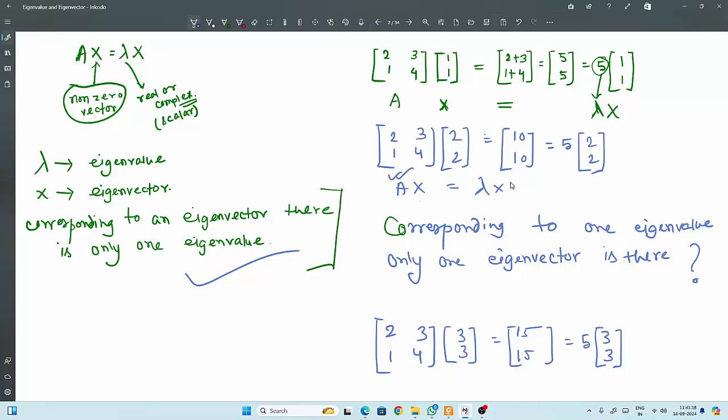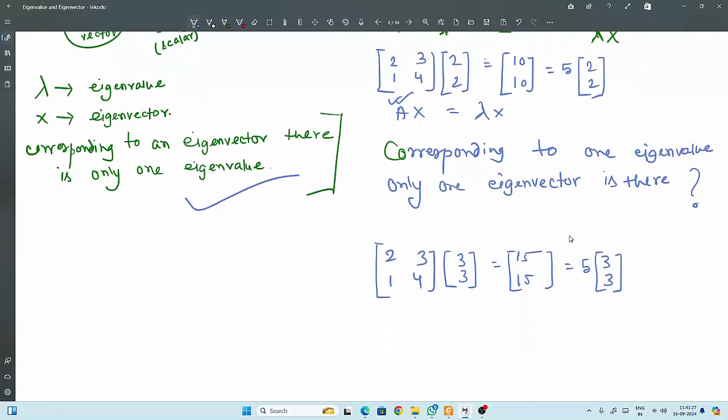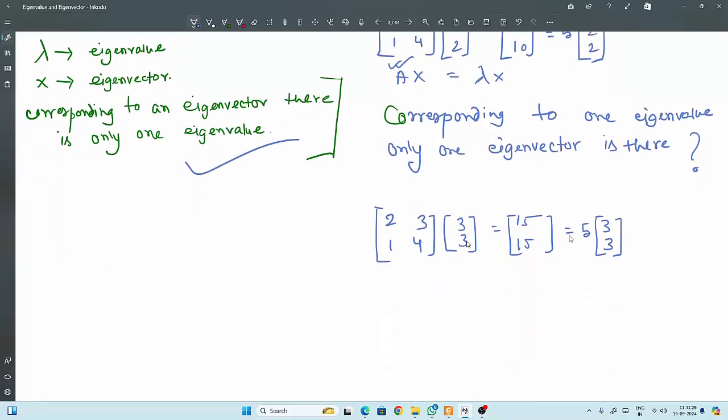So this eigenvector is not unique. This eigenvector has infinitely many solutions. That means anything multiplied k times to that 3, 3 is another eigenvector.